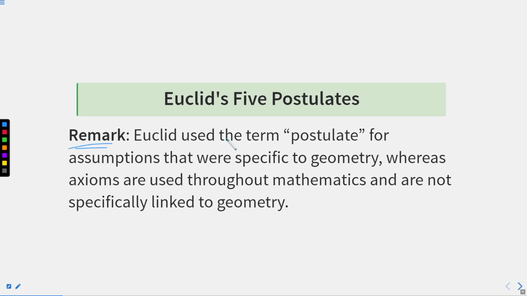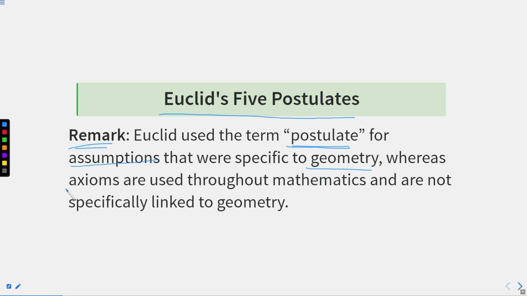As I already told you, axioms are just assumptions in mathematics, all over mathematics, but you will see Euclid's five postulates. Postulate means Euclid specifically used the word postulate for the assumptions specific to geometry.